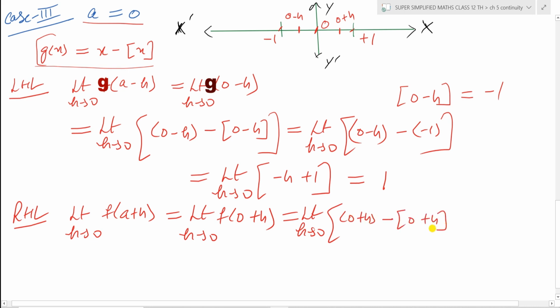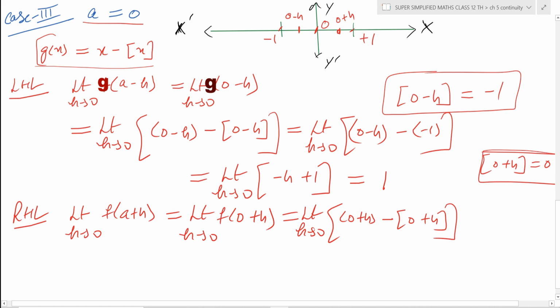Now students, you can see here in this figure, 0 plus h is a non-integral number between 0 and 1. So the greatest integer function of 0 plus h will come out to be 0. So we replace it by 0. So we get limit h tends to 0, 0 plus h minus 0, and if you put the limit of h to be 0, you get the result to be 0.